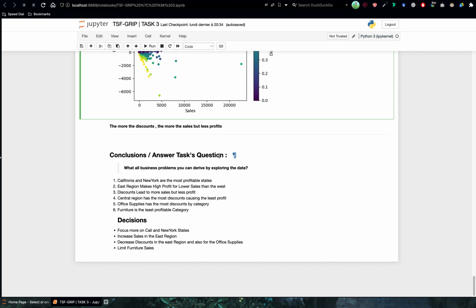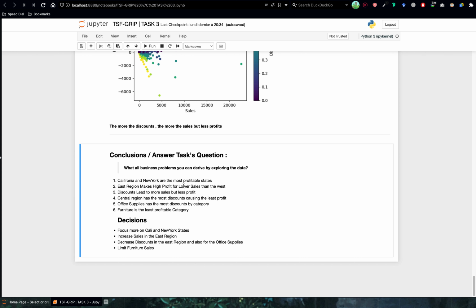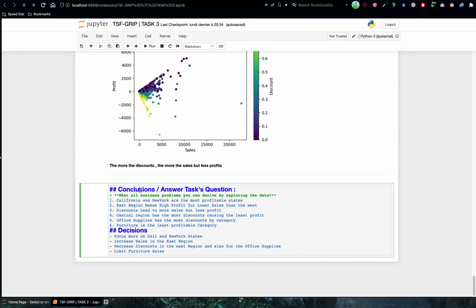Conclusions and answers of the task questions. What are all the business problems that we can derive by exploring data? California and New York are the most profitable states. The East region makes high profit for lower sales than the West. Discounts lead to more sales but less profit. This is pretty much self-explanatory.